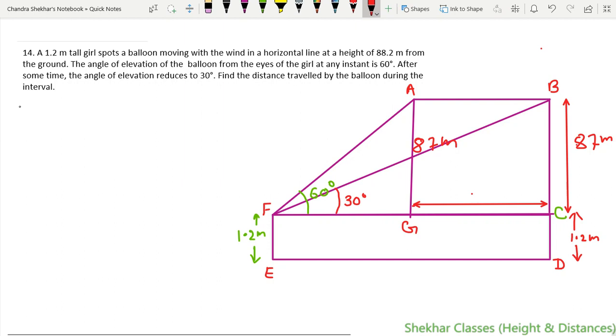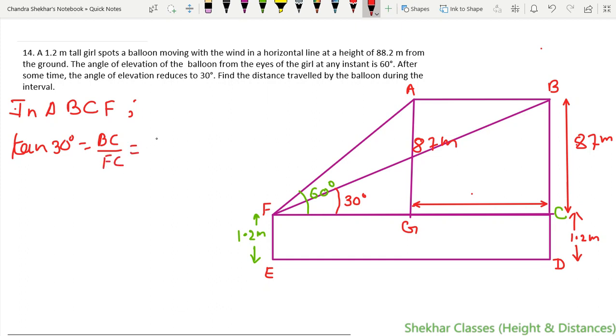Okay, so we will start writing here. In triangle BCF, we have tan 30 degrees equal to BC upon FC.